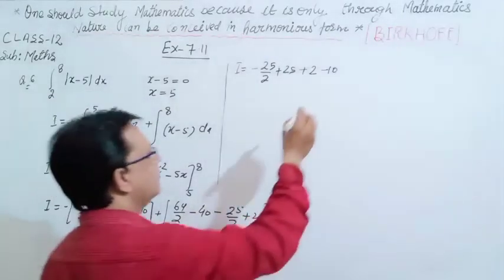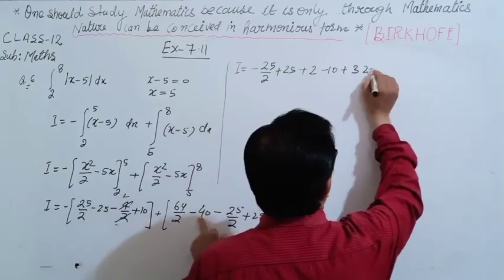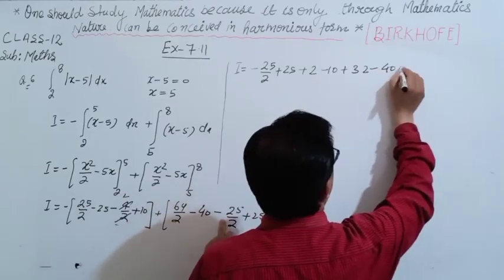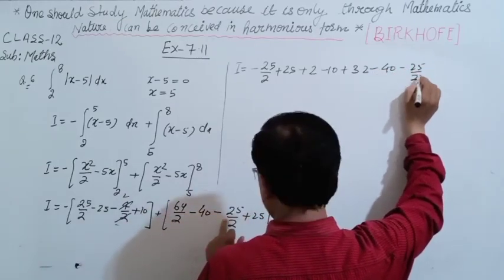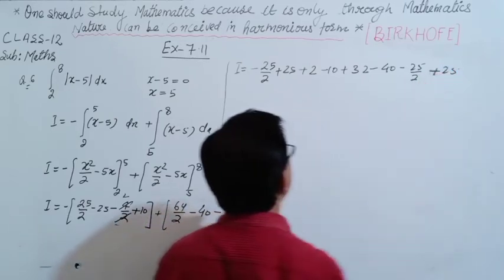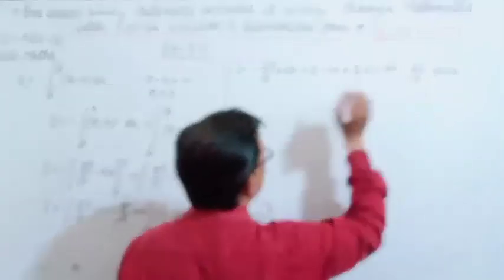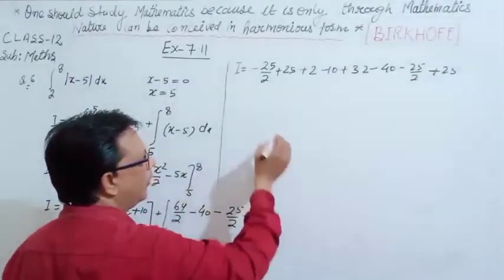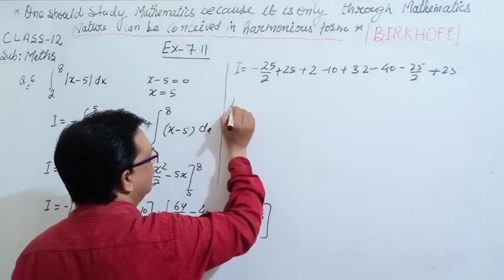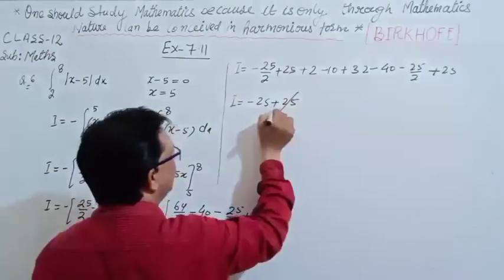Now here is plus 32 minus 40 minus 25 by 2 plus 25. Okay, students. Minus 25 by 2 minus 25 by 2 becomes minus 25, and here is already 25 in positive. So 25 plus 25 cancel out.